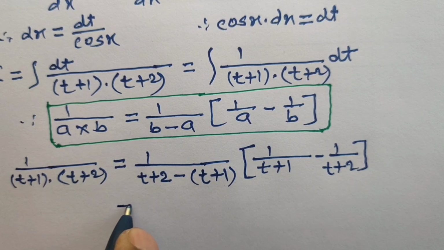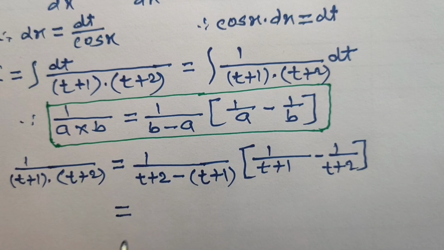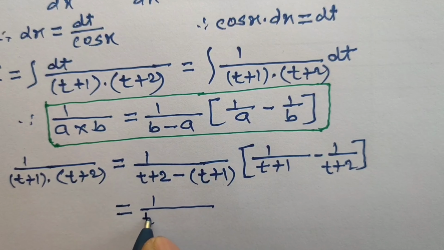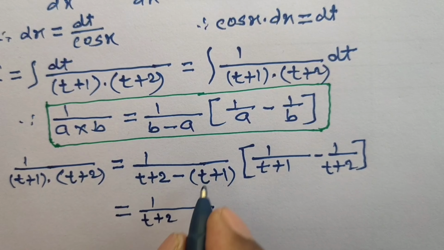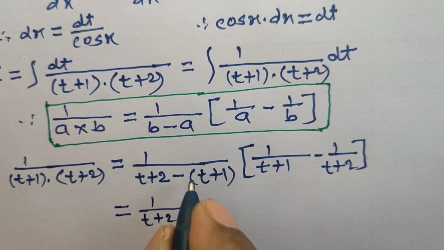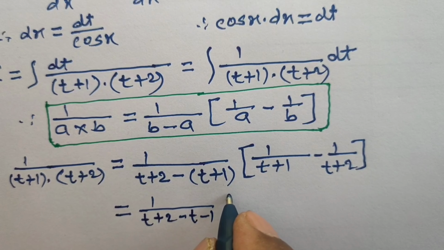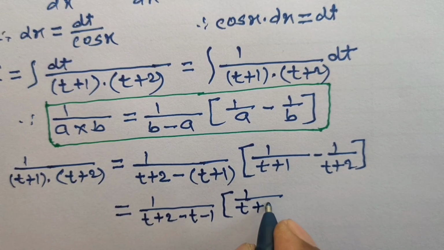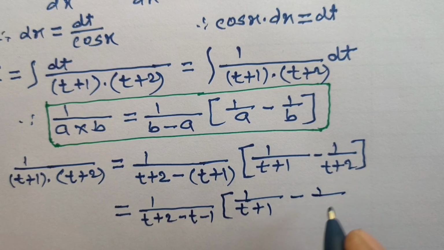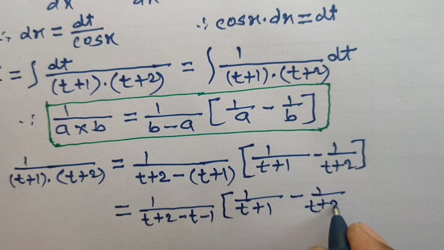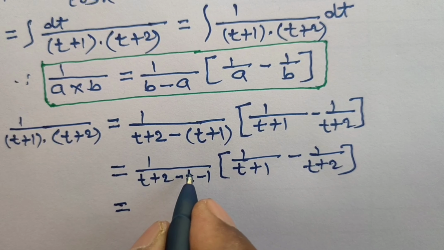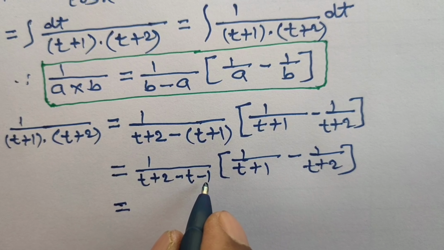Hence this is equal to 1 upon (t + 2 minus t minus 1) into bracket (1 upon (t + 1) minus 1 upon (t + 2)). Here plus t and minus t get cancelled, 2 minus 1 is 1.